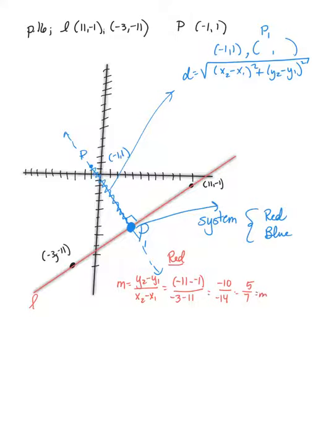And I need to find my y-intercept, so let's use the slope-intercept method. If you want to use point-slope form, you can. I'm going to choose one of my points as my sample. I'll just use that one. Negative 1 equals 5/7 x plus b. Trying to find that y-intercept.